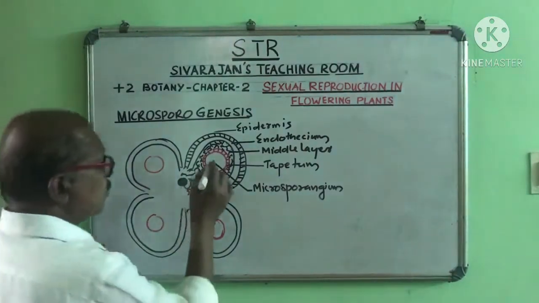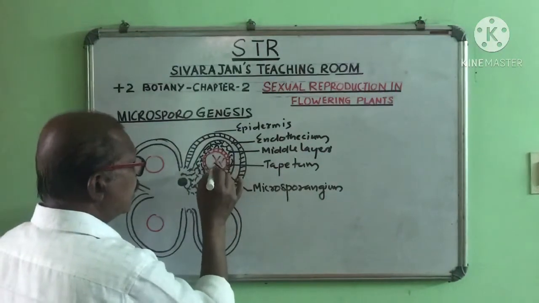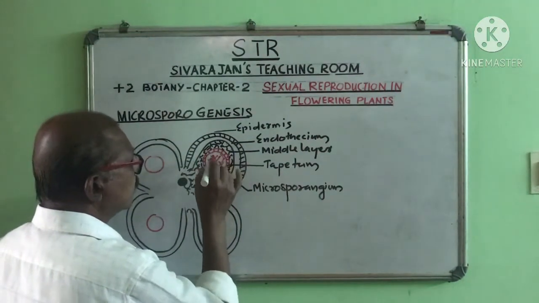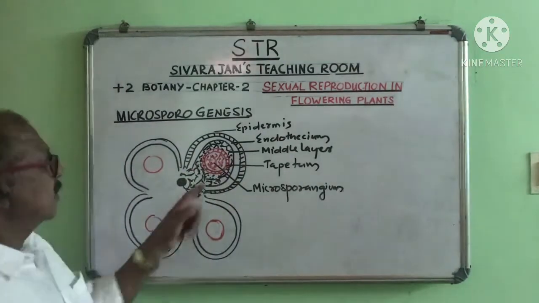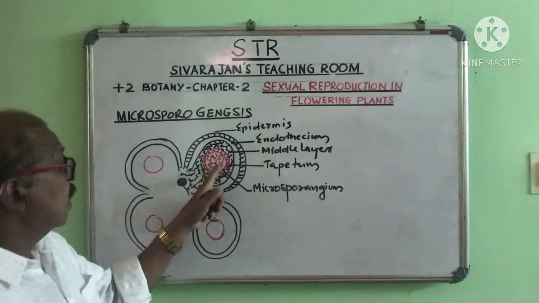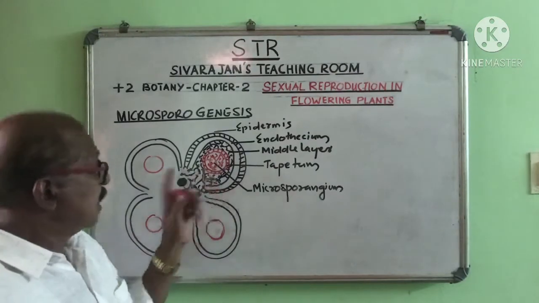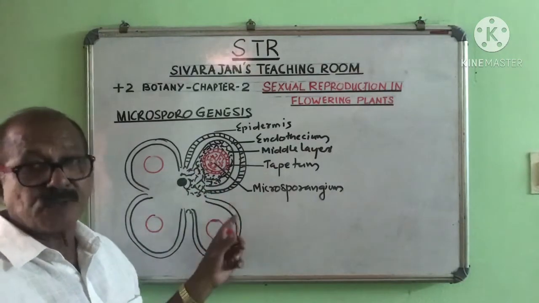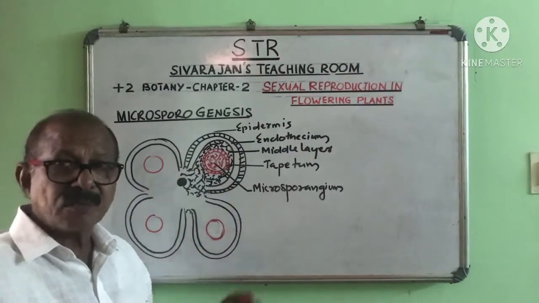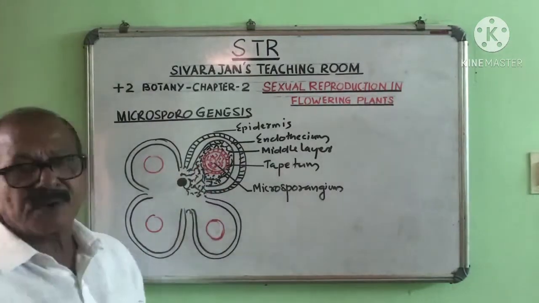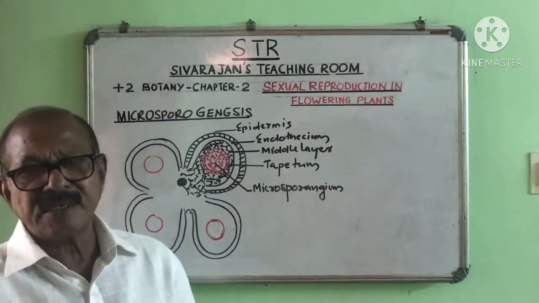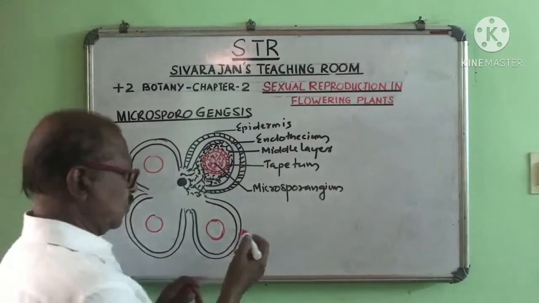Inside the microsporangium, there is a tissue. I have drawn some cells in this cavity. The cells are of the same type. All the cells in the microsporangium are the same type, so we can say that this is a homogeneous tissue.